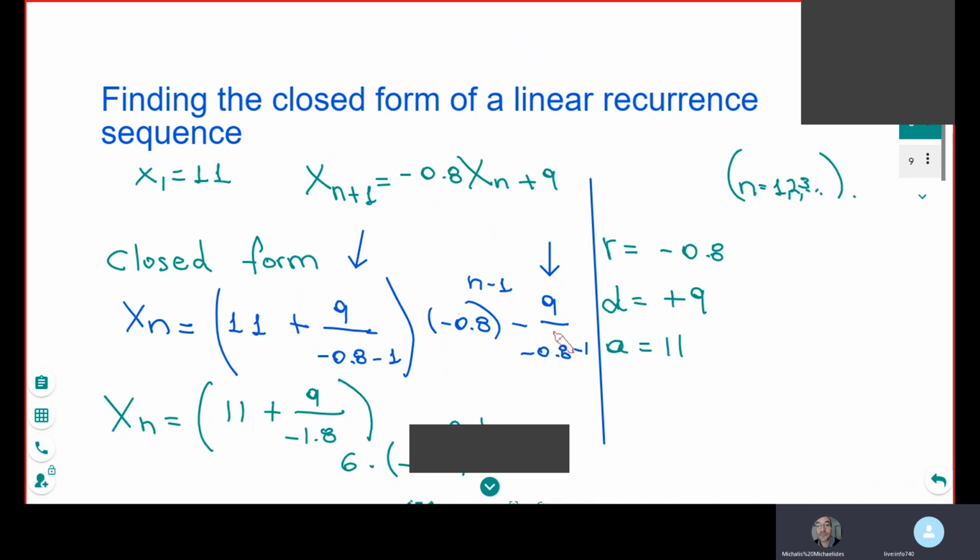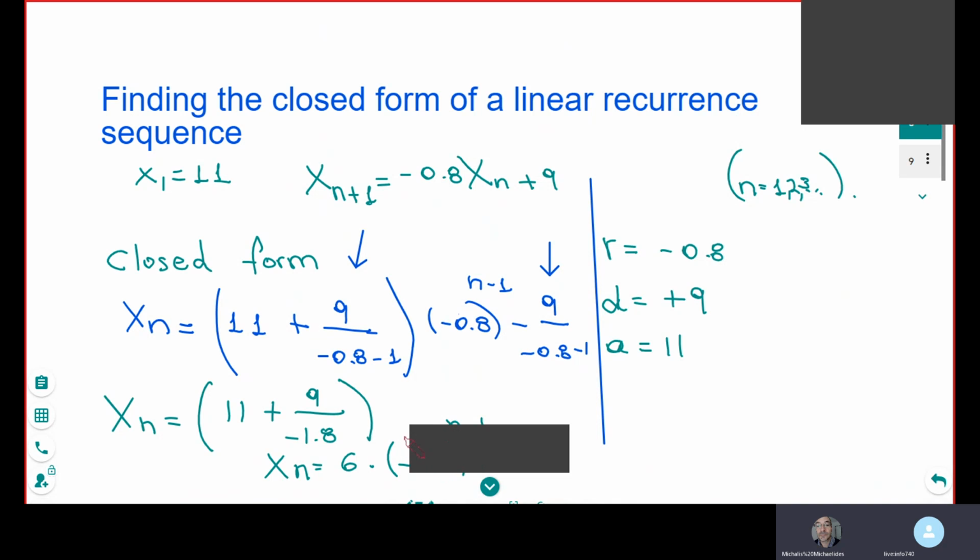I need to do also the same calculation: 9 divided by, at the end, it gives you also a plus 5 at the end. And what we have here is the closed form of a linear recurrence sequence: 6 bracket minus 0.8 to the power of n minus 1 plus 5.